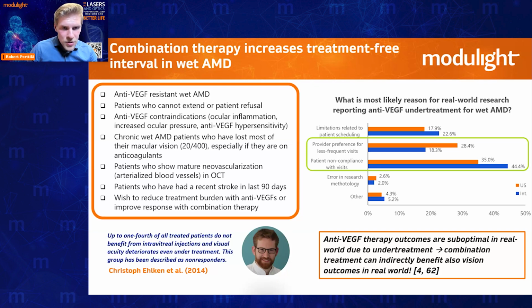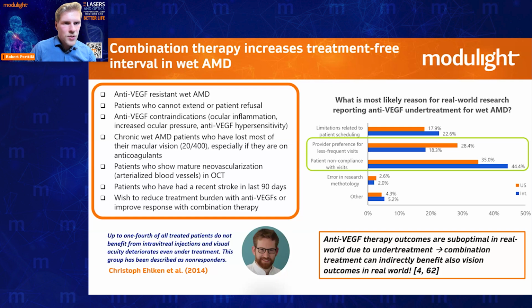And also indirectly there can be an increase in efficacy, because as retinal specialists know, patients are quite non-compliant with the visits, and also doctors cannot always schedule all the needed injection visits for the recommended injection intervals. So by decreasing this interval where there is no leakage, the efficacy can also be indirectly improved by this combination.